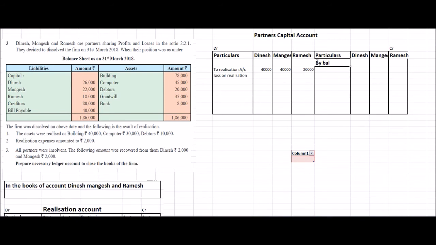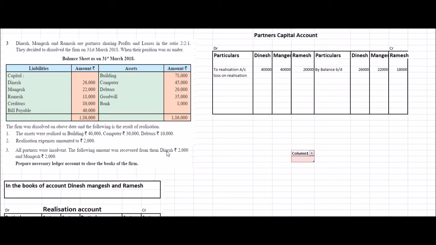By balance brought down amount, Dinesh is 26,000 rupees, for Mangesh 22,000 rupees, and for Ramesh it is 18,000 rupees. And by bank account, all the partners were insolvent.